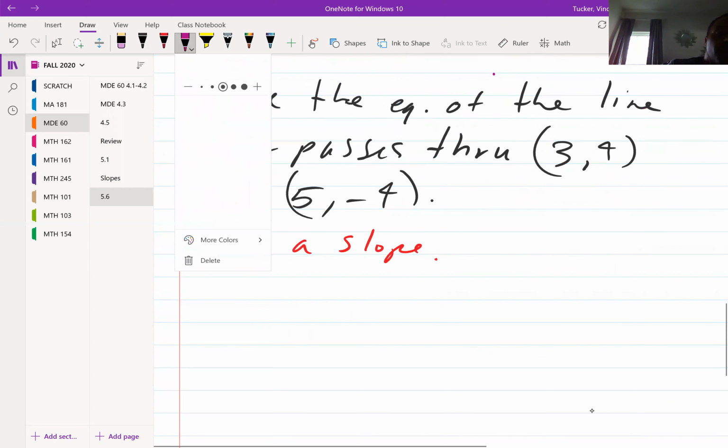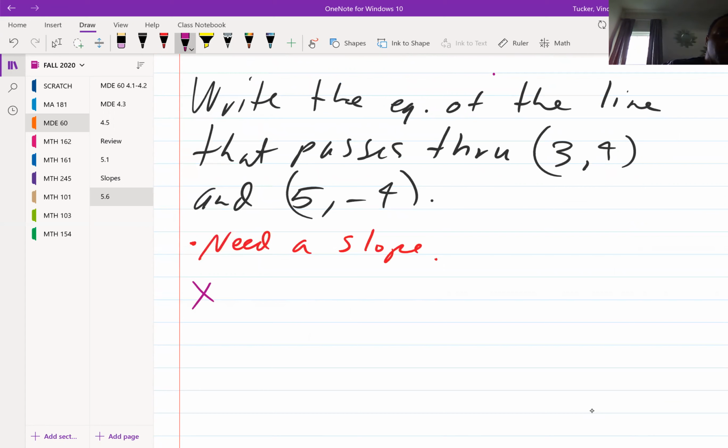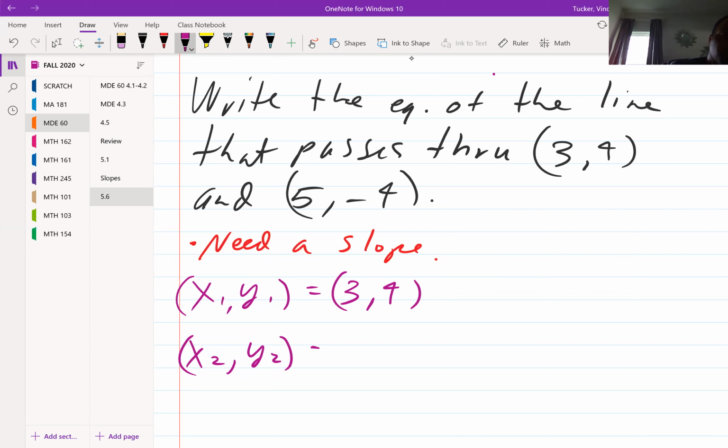And since we do not have a slope, we need to find one, and we can do that with the given information. I'll call the first point that I come across x1, y1, and the second point that I come across x2, y2.